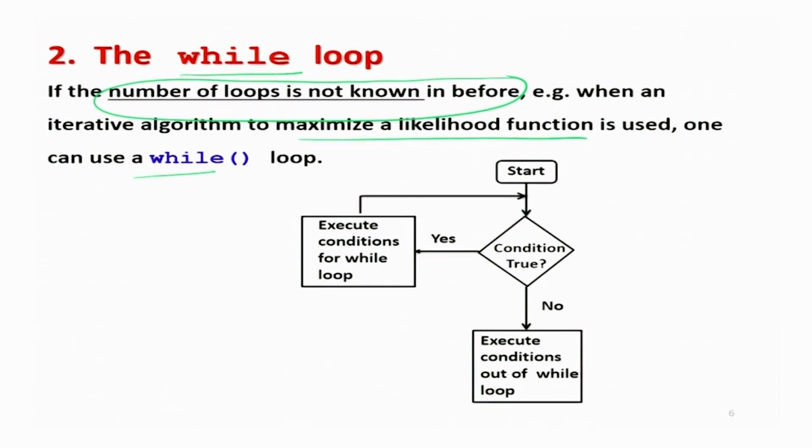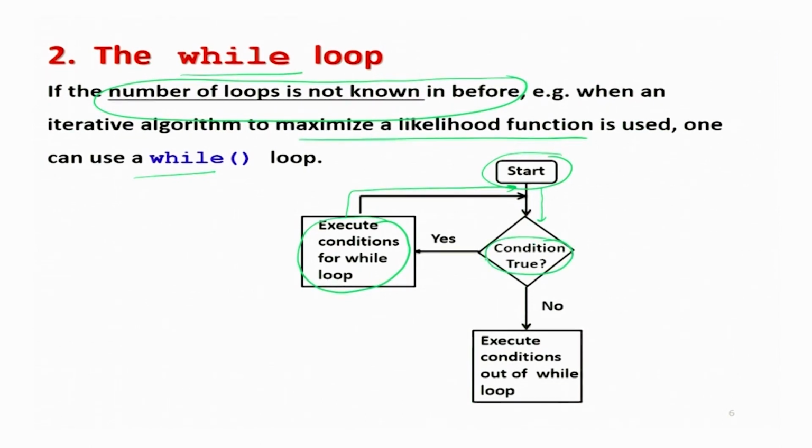The flow chart of the while loop is as follows. We start, and then there is a condition, and this condition is checked in terms of true and false. If this condition is true, then the statements or commands that we want to execute are executed, and because the condition is true, it goes back to the initial place, and once again it checks whether the condition is true or not.